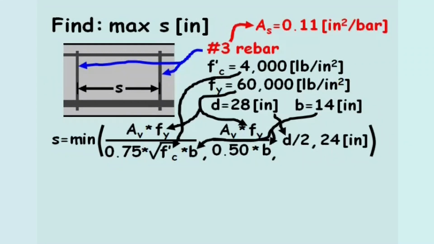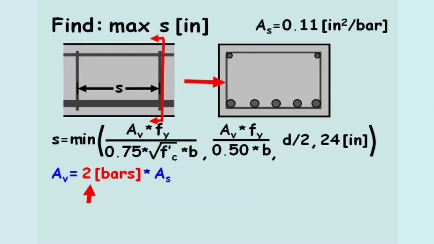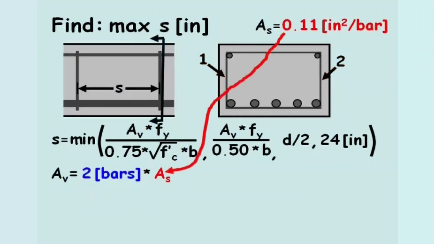Therefore, the area of steel in a single stirrup resisting the shear equals 2 bars times the area of steel per bar. This equation uses 2 bars because it is assumed the rebar wraps around all the longitudinal reinforcement bars, thus making 2 vertical passes through the beam. The area of steel in a single stirrup resisting shear equals 0.22 inches squared.